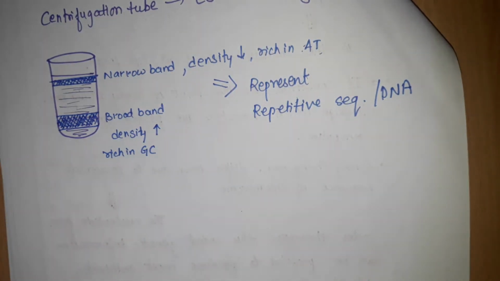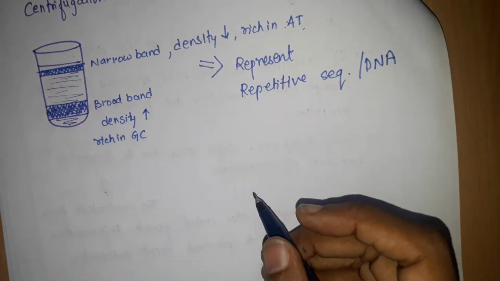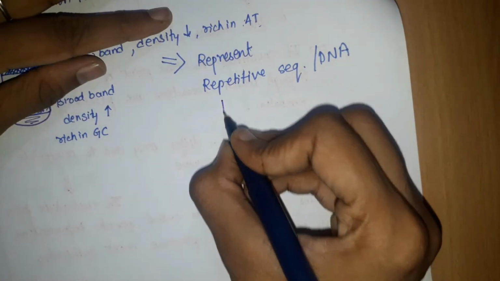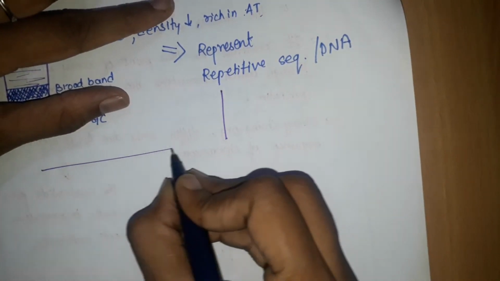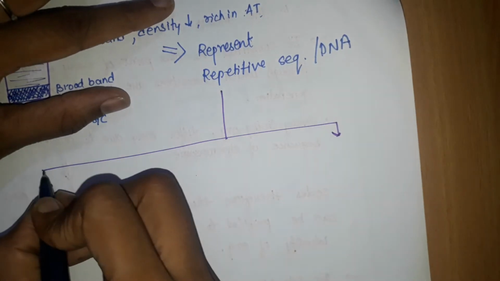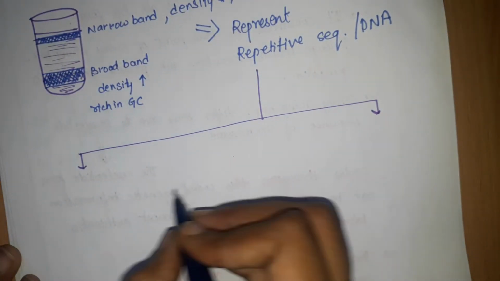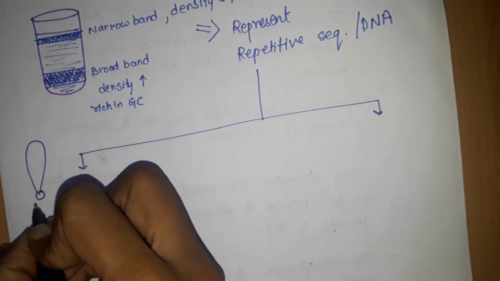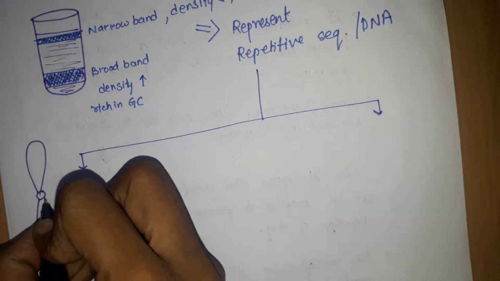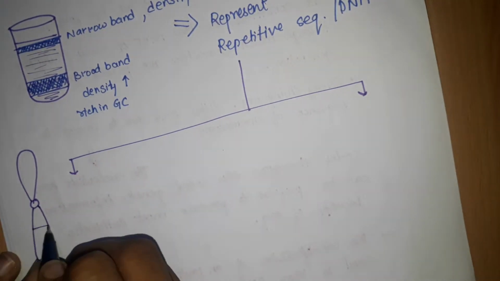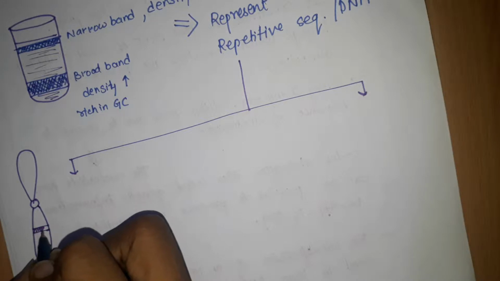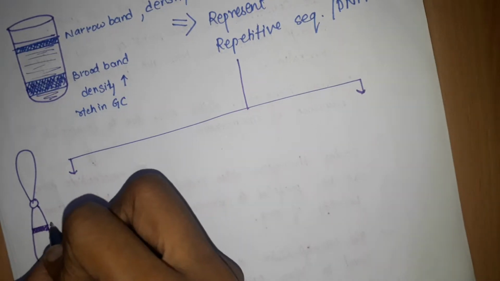Now, this repetitive DNA or repetitive sequence is further divided into two types. Let's take this is the chromosome. Here any sequence is present.